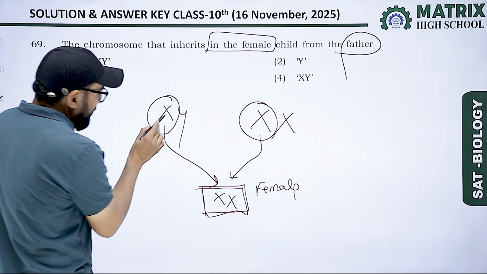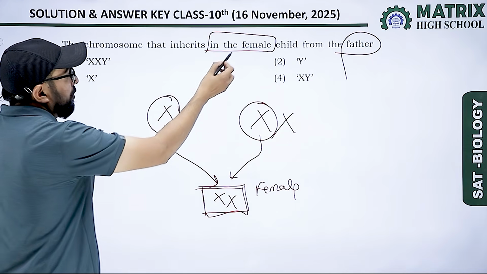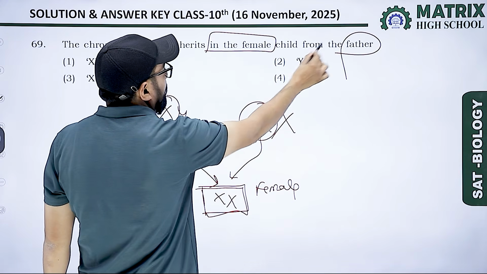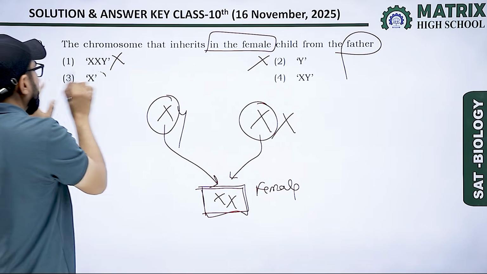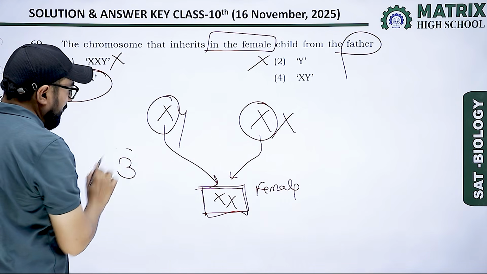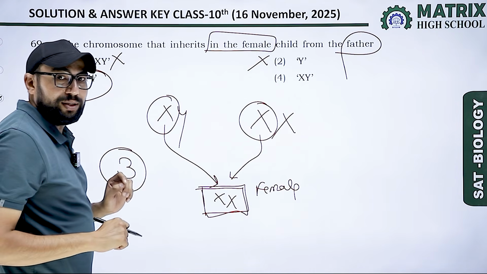So X is transferred from the father to the female child. XXY, no. Y, no. X is the right answer. Option 3 is correct for this question.